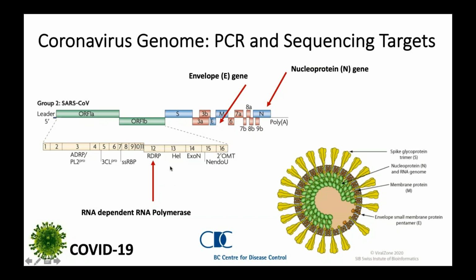And the targets that we look for are those that are required for life of viruses. So those are things like polymerases and genes on the proteins that are key to their survival. And that's important because there is minimal chances of any mutations that will allow our assays to no longer be optimal.